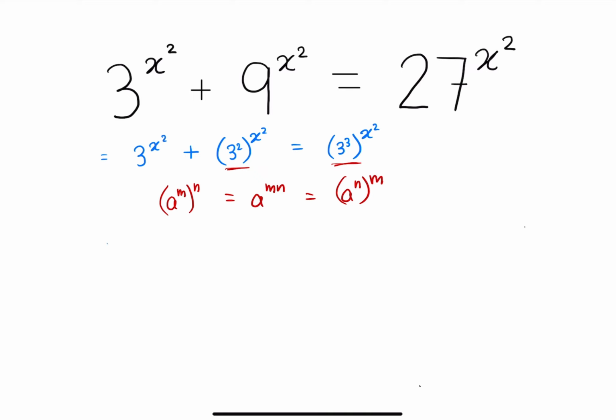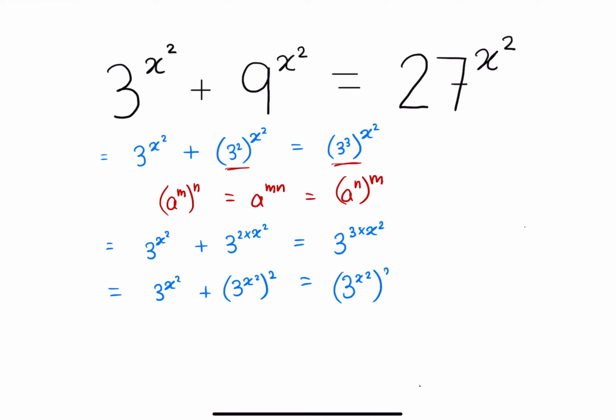So we're going to write out the equation as 3 raised to the power x squared plus 3 raised to the power 2 times x squared, which gives us 3 raised to the power 3 times x squared. So we're going to simplify the equation and write it as 3 raised to the power x squared plus 3 to the x squared raised to the power 2, which gives us 3 raised to the power x squared raised to the power 3. So we're going to write this.